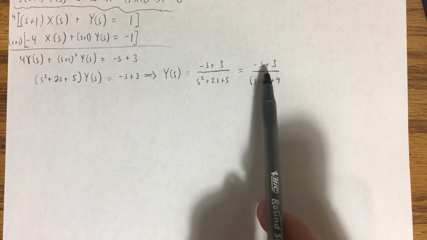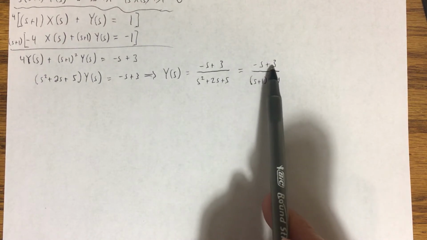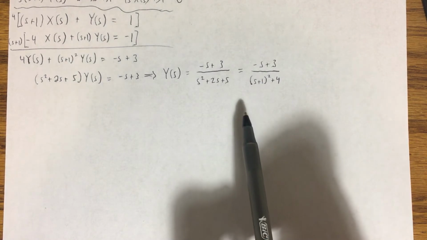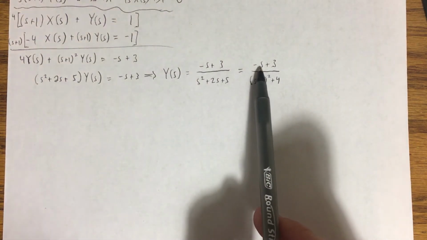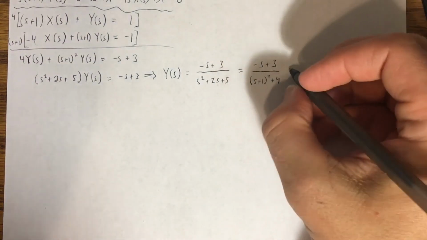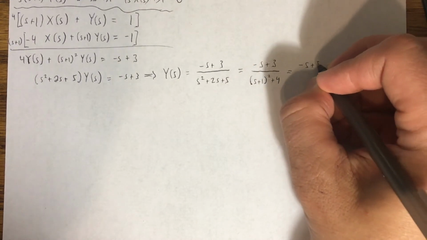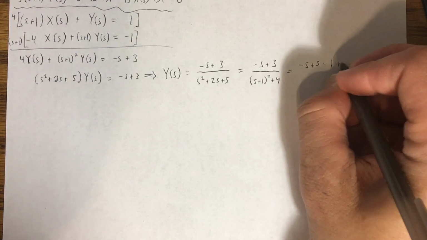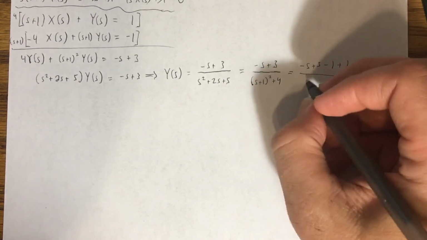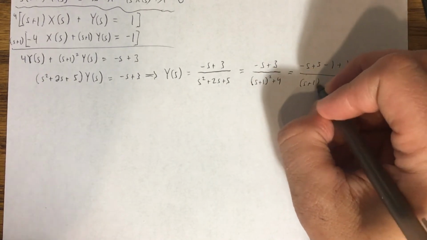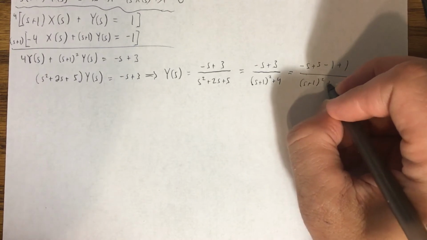So I'd like for an s plus 1 to be appearing in my numerator to match what I have here. I don't have an s, though. I have a negative s. So one thing I could do, I could write this as negative s plus 3 minus 1 plus 1 over (s+1) squared plus 4.